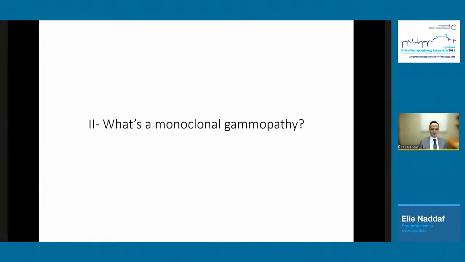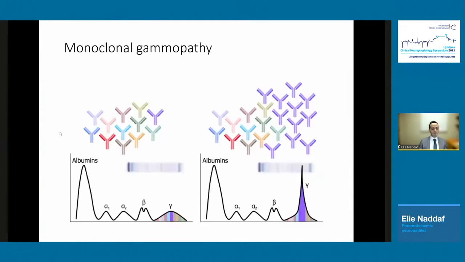But what's a monoclonal protein? We keep saying monoclonal protein. So the photo here to the left is under normal circumstances. Our immune system has so many different plasma cells secreting various types of immunoglobulins. So if you put the serum of this patient on a gel and you electrophorese it, you see a wide-based curve in the gamma range.